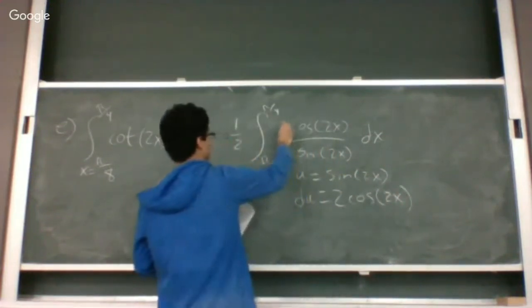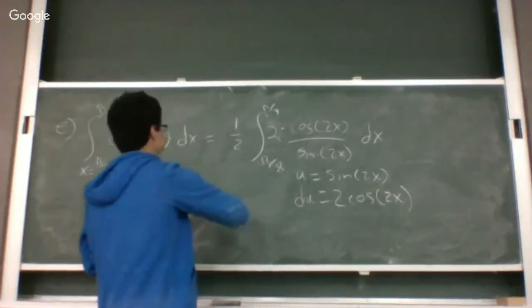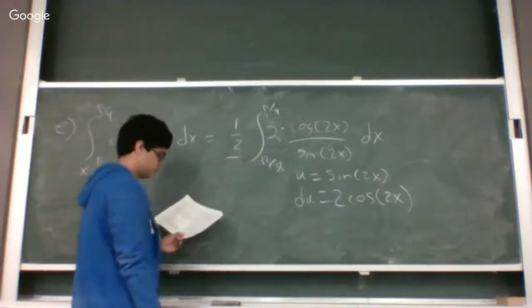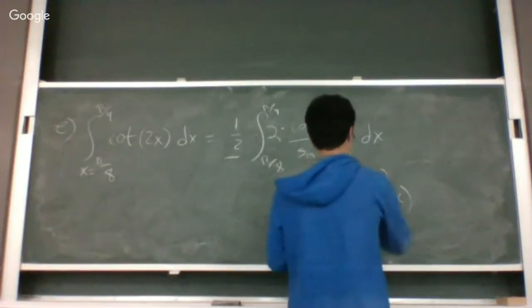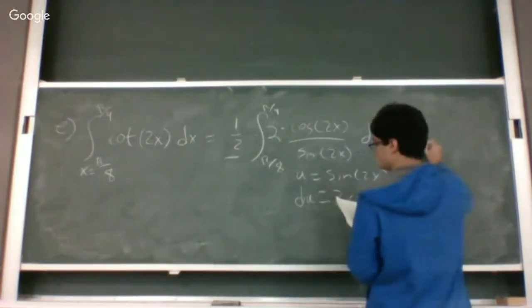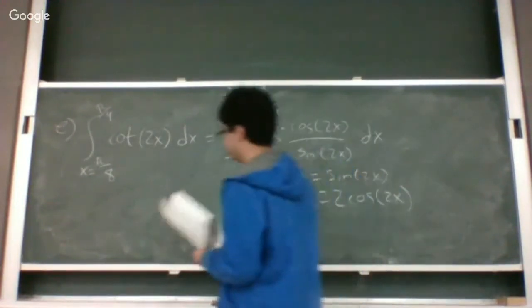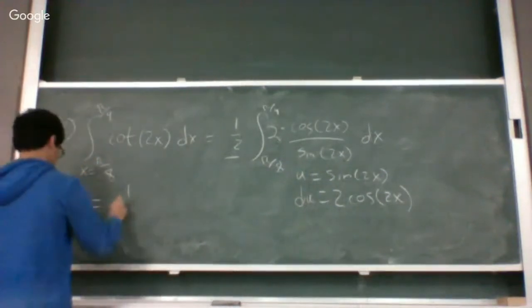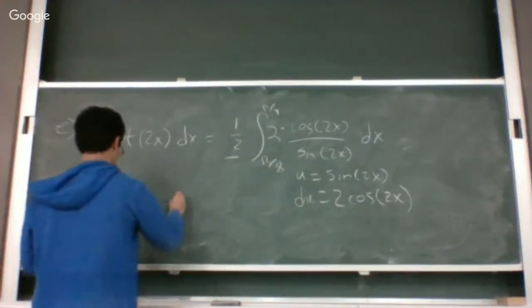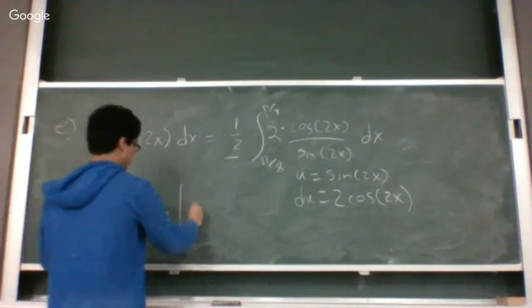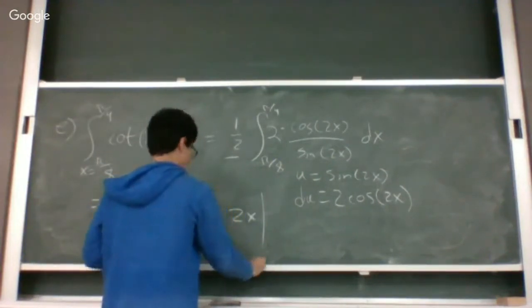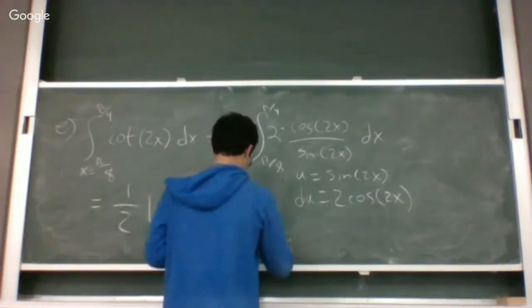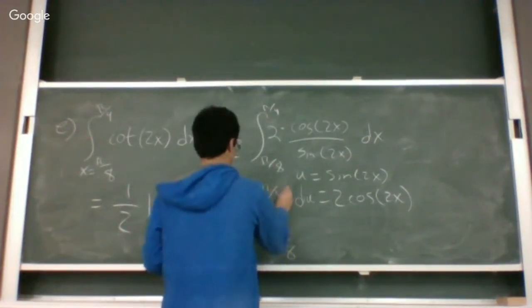So we multiply the top by a 2 and the outside by 1/2. So this is equal to 1/2 times the natural log of the absolute value of sine of 2x going from pi over 8 to pi over 4.